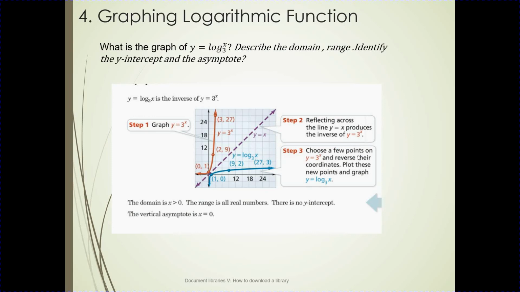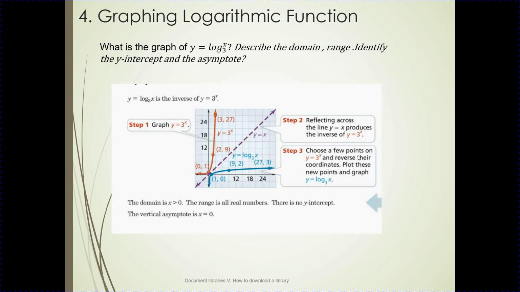That means the red one is y is equal to 3 to the power of x, and the blue one would be the graph of y is equal to log of x to the base 3. The domain of the logarithm function will be all positive numbers, and the range is all real numbers, and the graph of the logarithm function does not cross the y-axis.